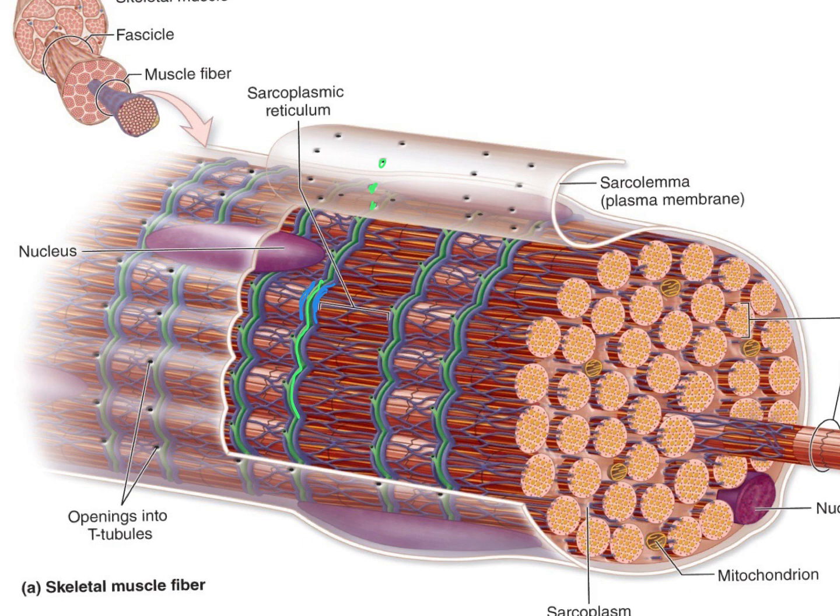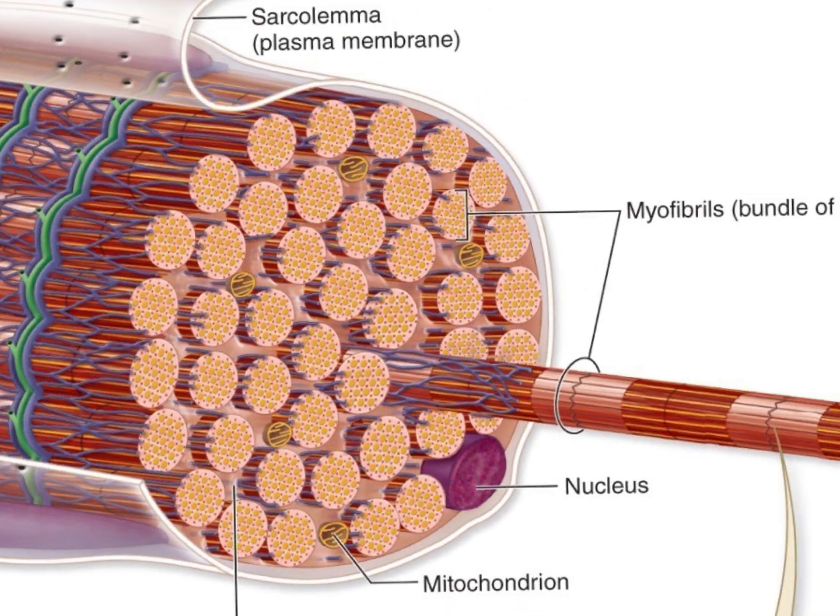Okay? It's going to be very important. Those regular intervals are based off of the banding pattern of the myofibril within the myofiber. Okay? And you can see here the sarcoplasmic reticulum gets all the way down onto all of these, and the T-tubules would also do the same thing. Right?